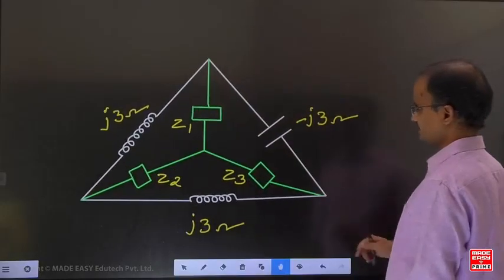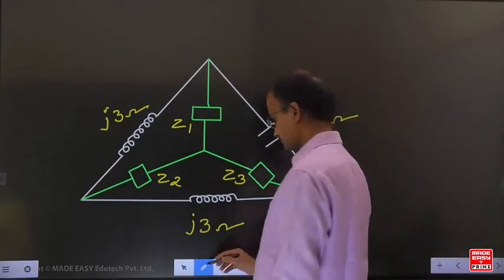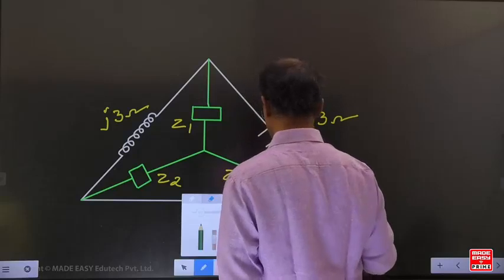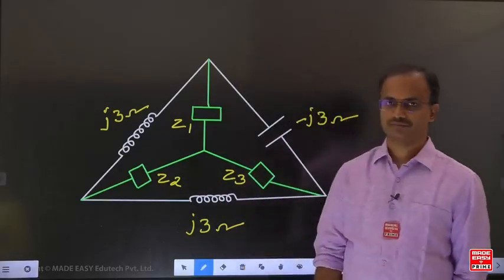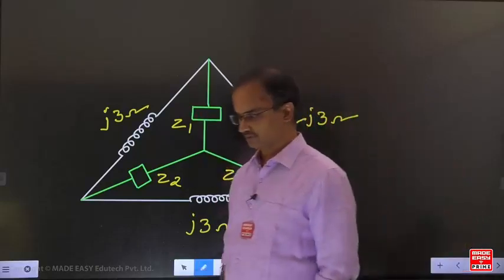That is one. Find Z1 of the network shown.